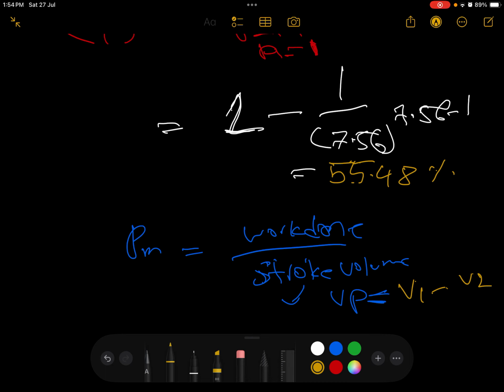And what's the stroke volume? As we said, it goes like this. Let me just draw. So this is V2 and this is V1, right? The space in this place is the stroke volume. It's the difference between V1 and V2. And why do we consider V2 and V1 here?